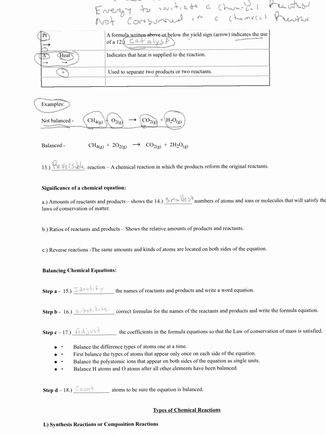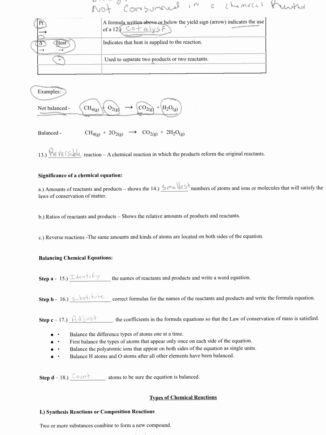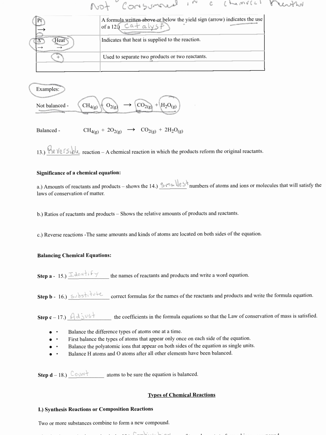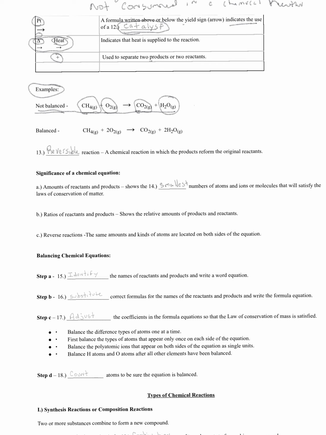It takes practice. So I mentioned this before, but if I look at a reversible reaction, that's a chemical reaction in which the products can reform the original reactants. The reaction can go back and forth.